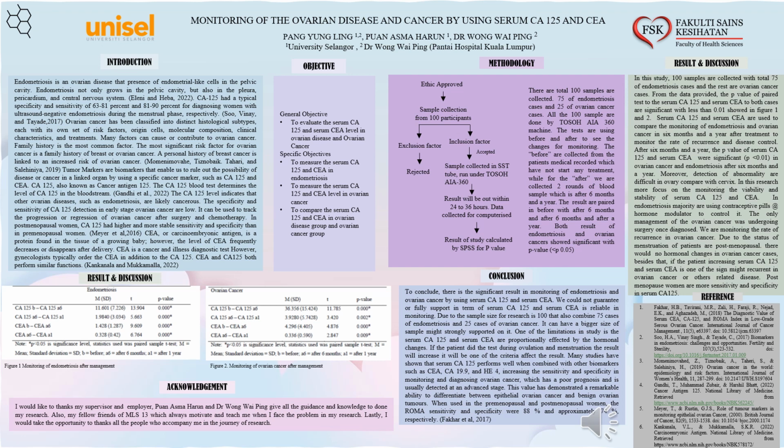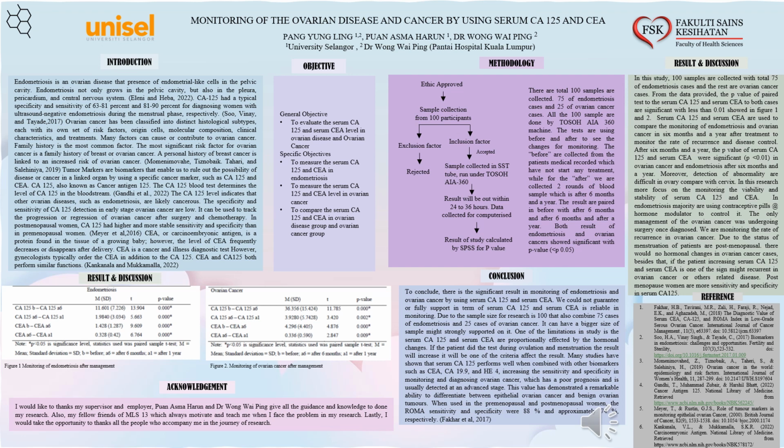So now we go to Figure 1, which is monitoring of endometriosis after management, and Figure 2 is monitoring of ovarian cancer after management. From both, you can see the labels B, A6 and A1. B stands for before, A6 is after 6 months, A1 is after a year.